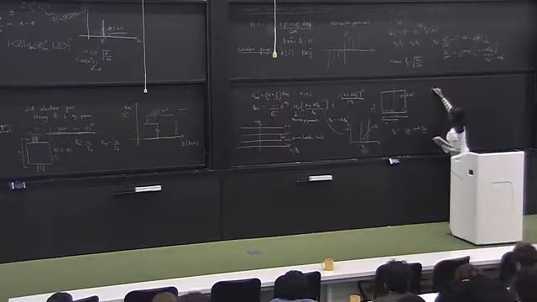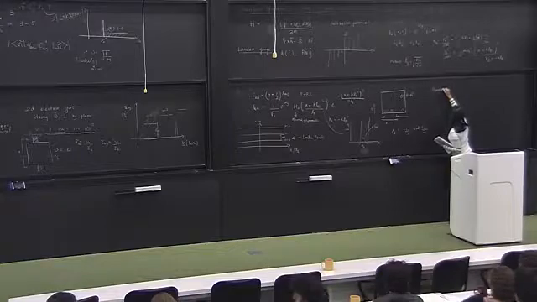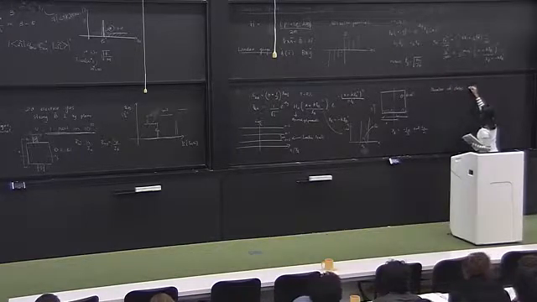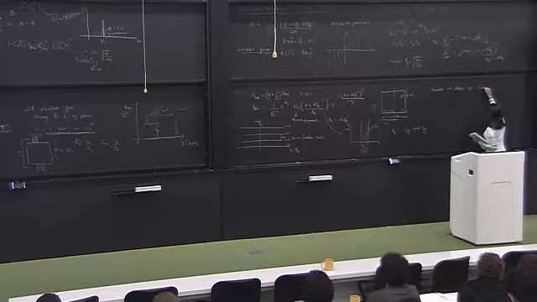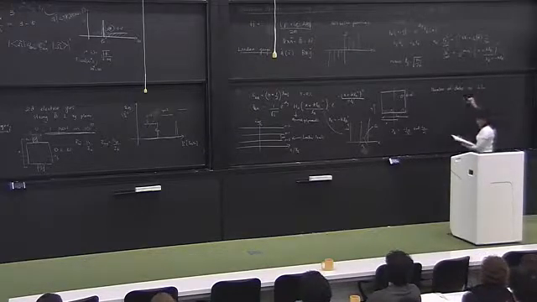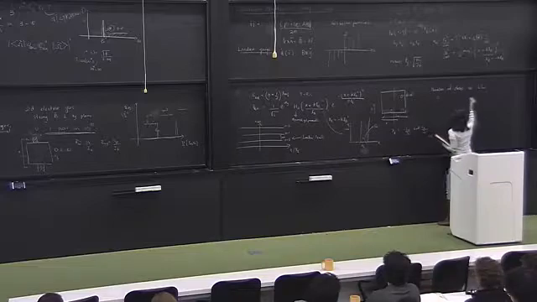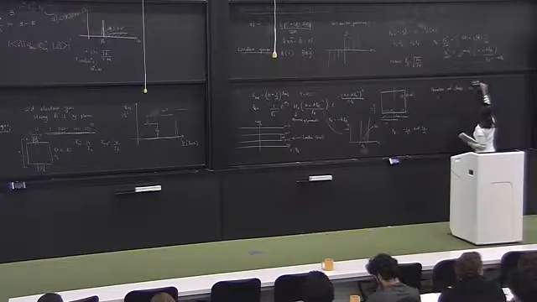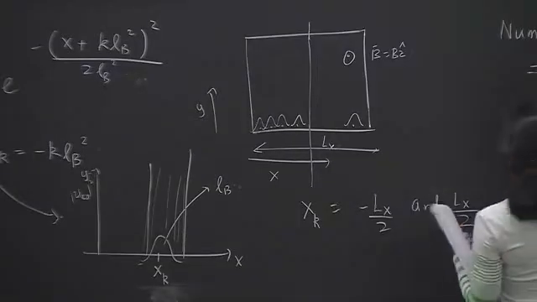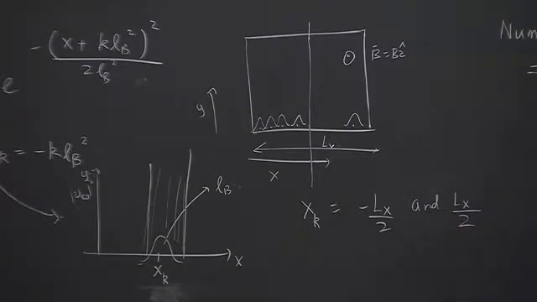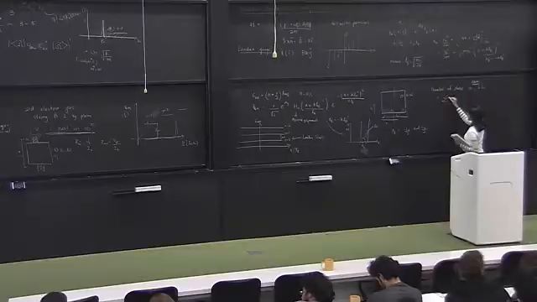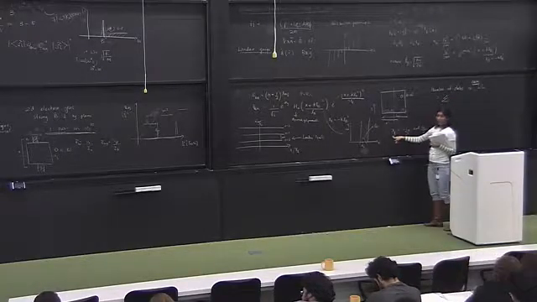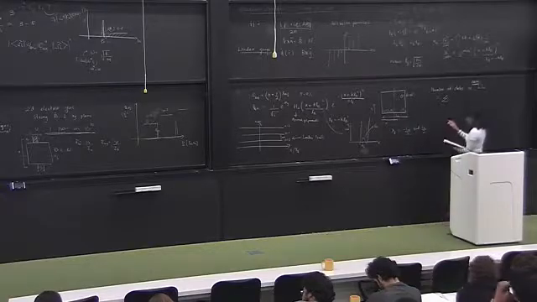Let's count it. So the number of states in each Landau level is the sum, I sum up all those k values such that x_k lies between minus Lx over 2 and Lx over 2.